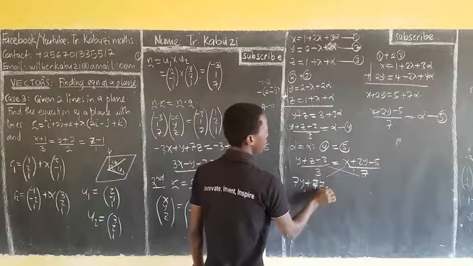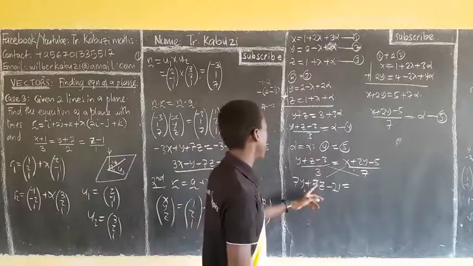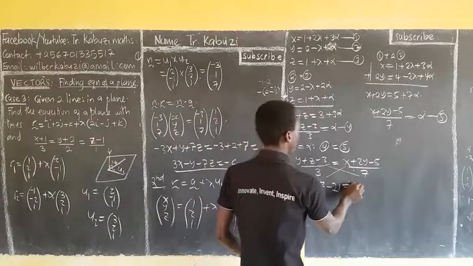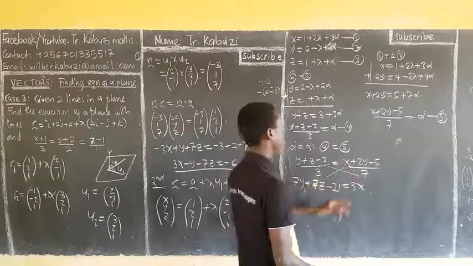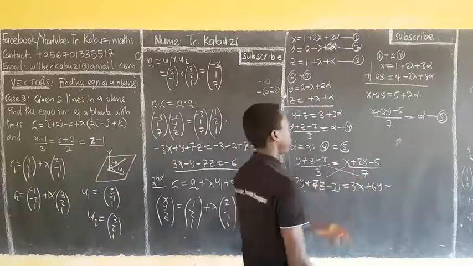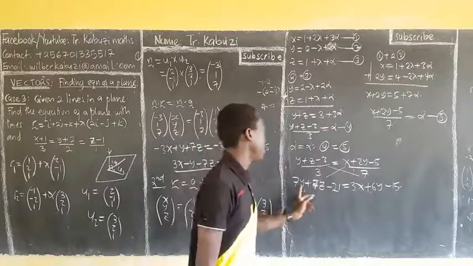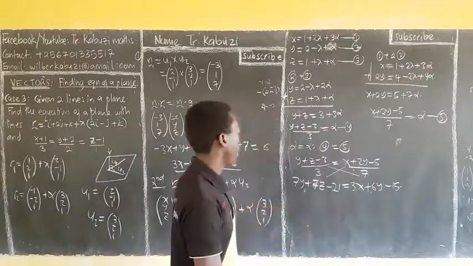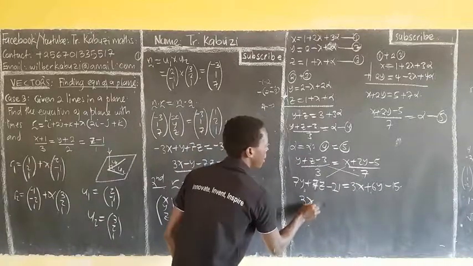So now we are going to cross multiply like this, and we are having 7y plus 7z minus 21 equaling, when I cross multiply the other side, 3x plus 6y minus 15. Now, if we take everything the other side, you'll see that I'll be adding 3x this side.